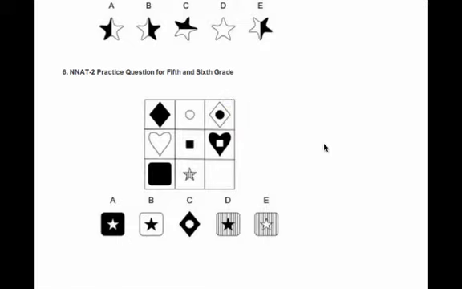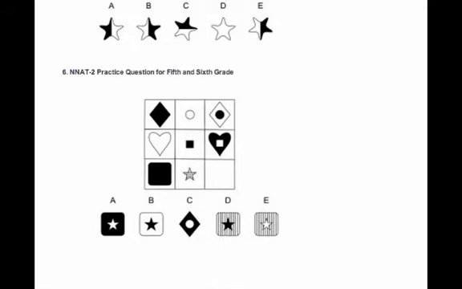So you can see on the next one where the heart is changing from white to black. The square goes in the middle of it. It's changing from black to white. So on this one, you're going to have the square, and it's going to change to the color of the star. So the square is going to be striped, and then the star will be black. So the correct answer would be D.